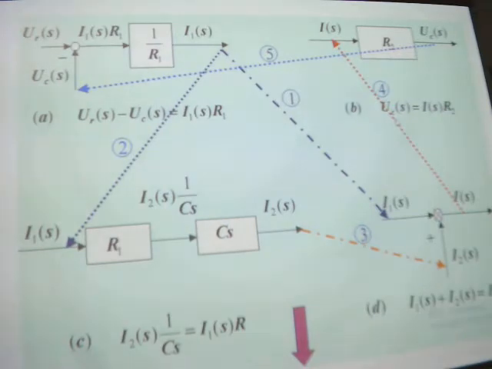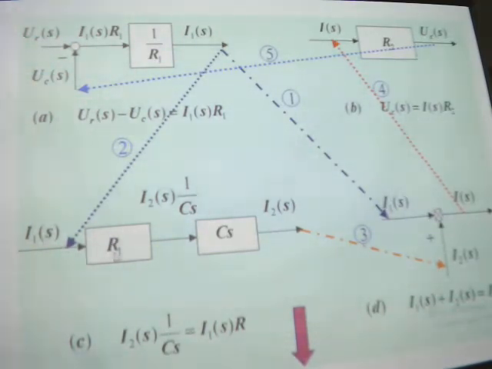The second equation is UCS equal to ISR2. You can see UCS equal to IS times R2. The second equation. And this is the third equation.